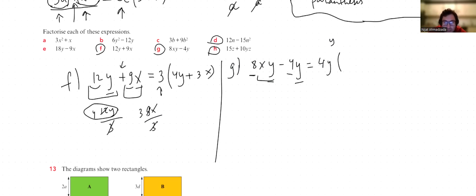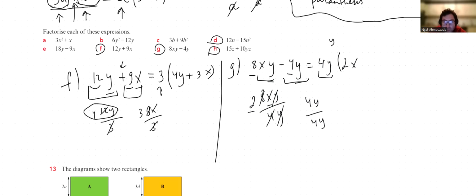I divide 8xy by 4y. So the y's are simplified, and 8 divided by 4 is 2. So I got 2x. Now the second term is 4y, right? 4y divided by 4y, because our LCM is 4y.